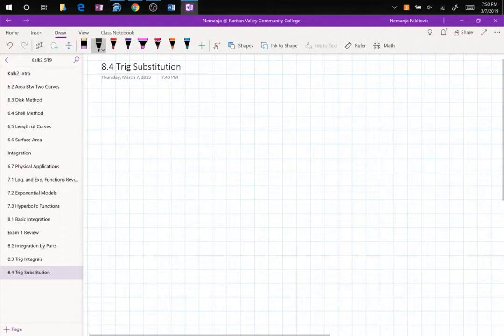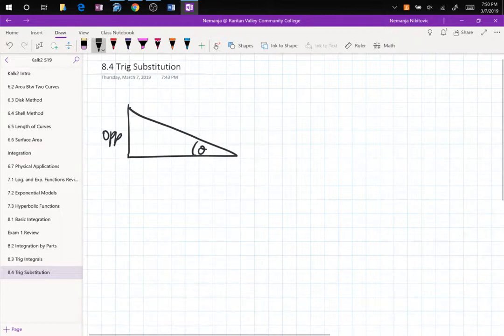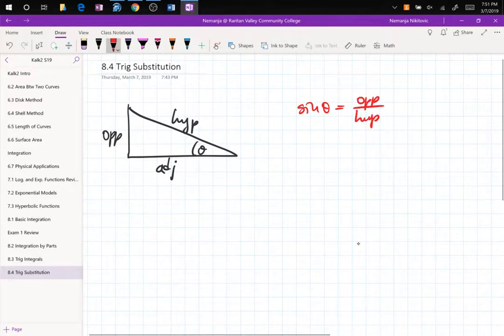We begin with remembering our pre-calc 2, our trig, with the opposite, adjacent, and hypotenuse. We are going to remember that sine theta is opposite over hypotenuse, because this is the stuff that if you don't know, you go home.